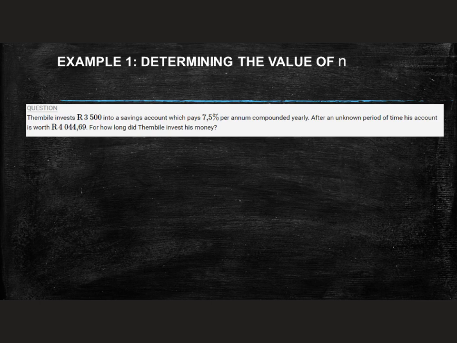First thing, let's write down the formula we're going to be working with. We know that this is a compound formula. It tells us this in the question. And so what we will do is use the compound formula for investments, A equals P(1 plus i) to the n. Let us write down the numbers that we do also know. We know that his accumulated amount was 4,044 Rand and 69 cents.